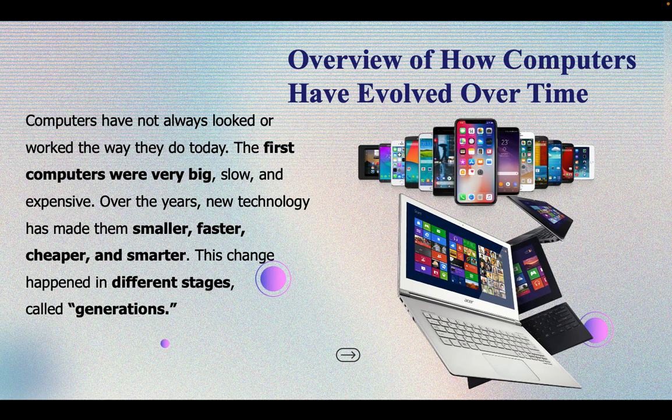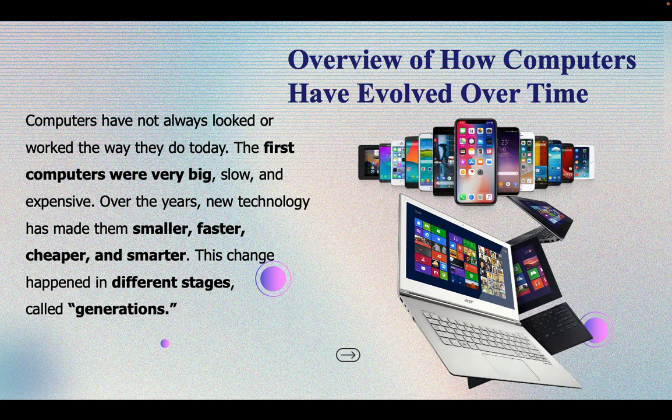All right. Now, what we are saying is that computers were not actually looking like this in the past. The first computers were very big, they were slow, they were very expensive. Over the years, new technology has made them smaller, faster, cheaper, and smarter.